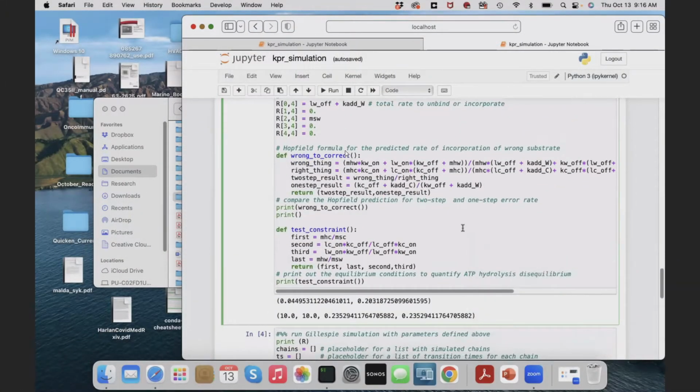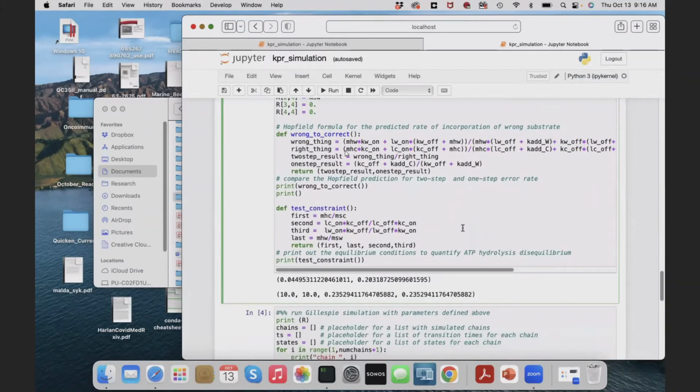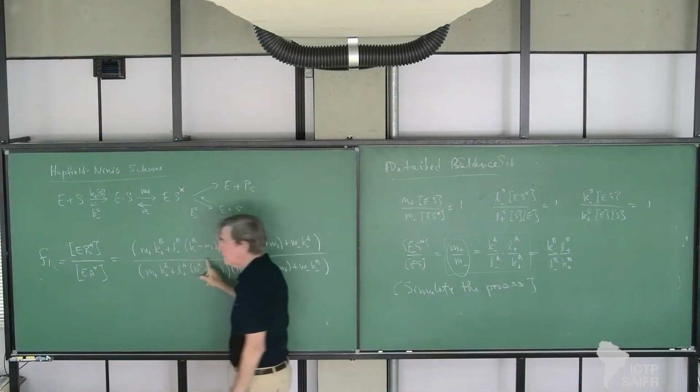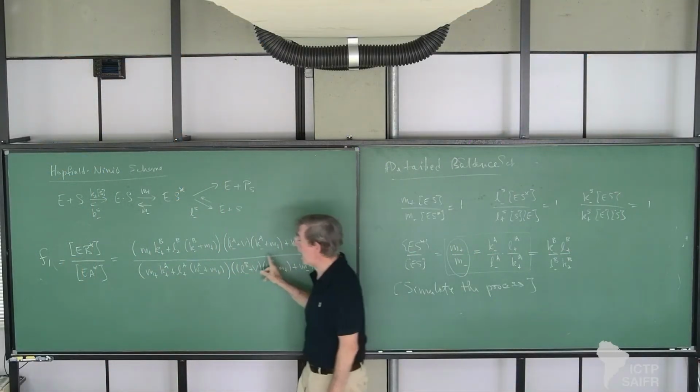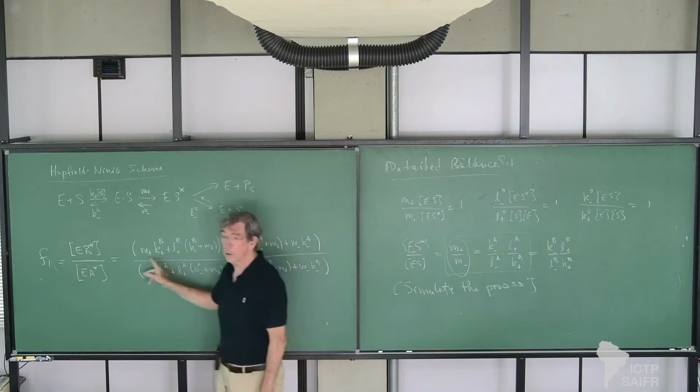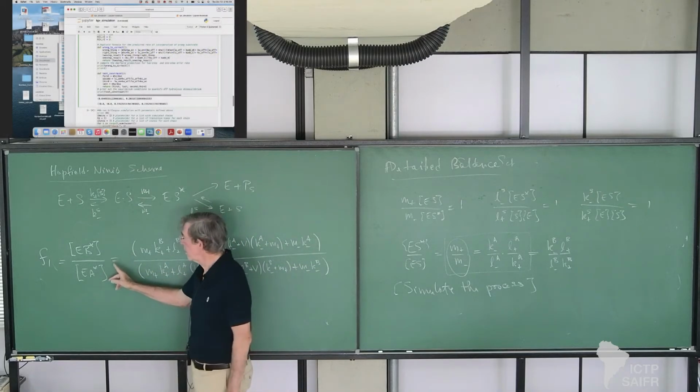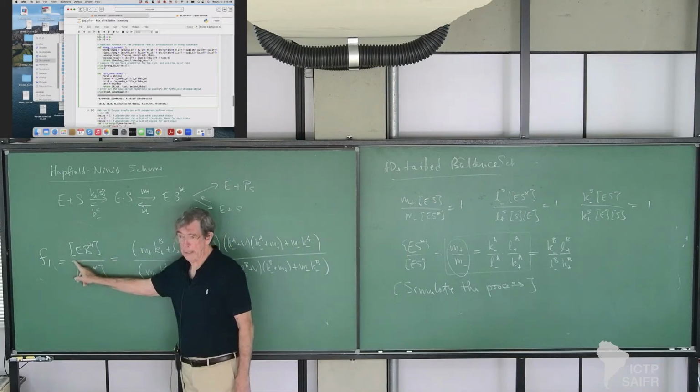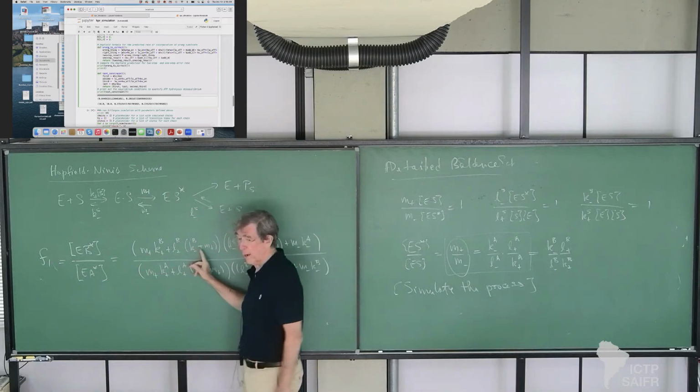Okay, so what I've added here to what Nelson et al. have is a couple of little helpful steps which basically take this horrible formula and evaluate it. So this is the Hopfield prediction, if you will, for what the error rate will be in terms of all of these parameters that you had to put in.